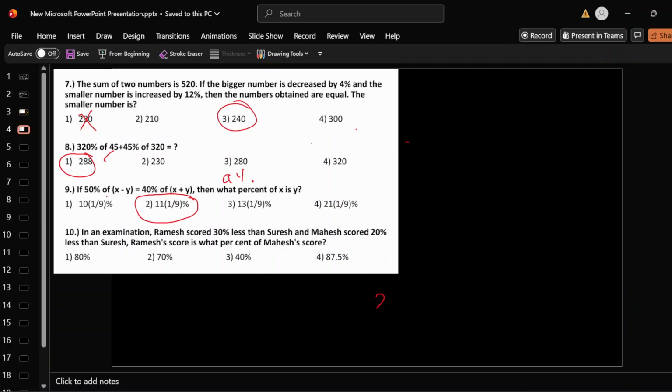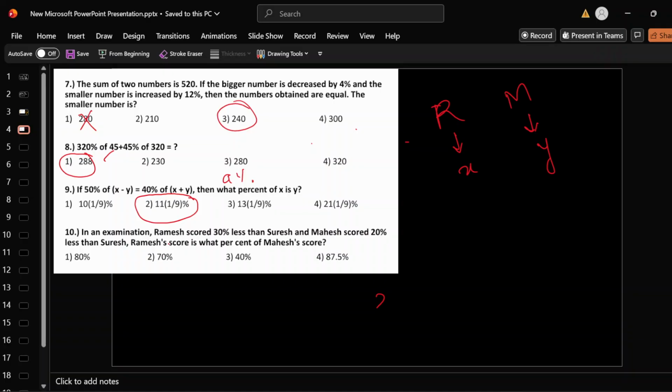In an examination, Ramesh scored 30% less than Suresh and Mahesh scored 20% less than Suresh. Ramesh's score is what percent of Mahesh's score? So let us assume Ramesh's score is X and Mahesh's score is Y.